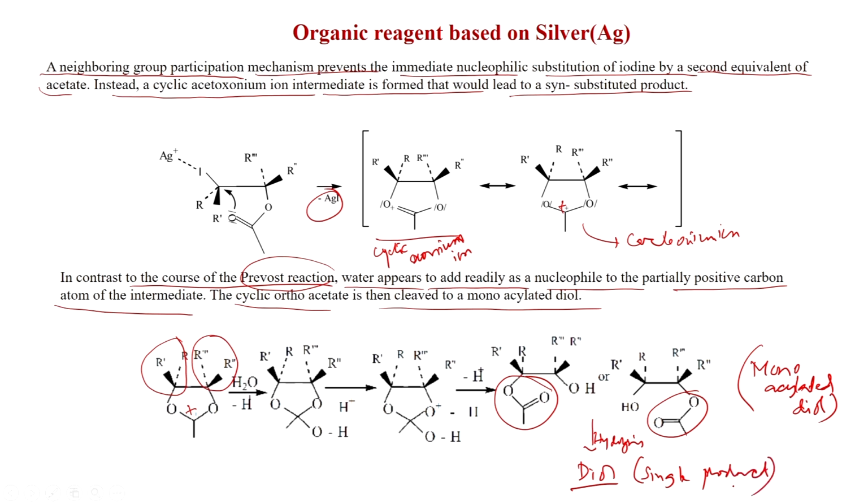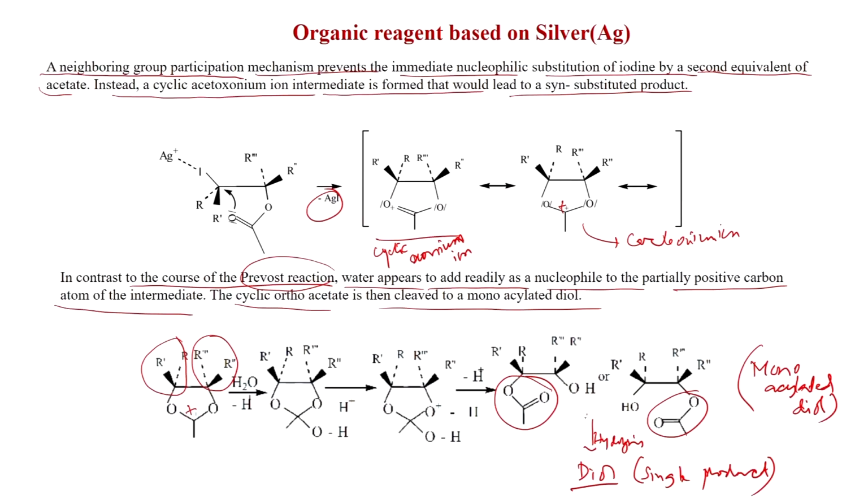So this is the reaction happening with iodine, silver acetate, acetic acid, followed by acetic acid water reflux. That cyclic oxonium ion is reacting with water and then the monoacylated diol is formed, which after hydrolysis will give the diol.